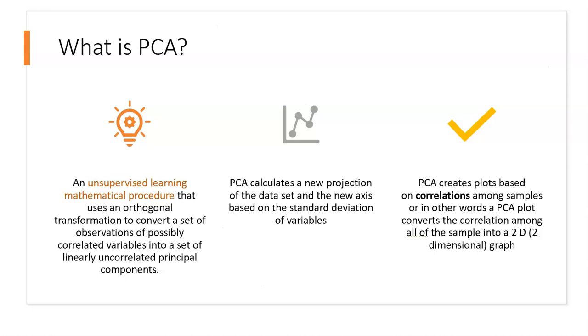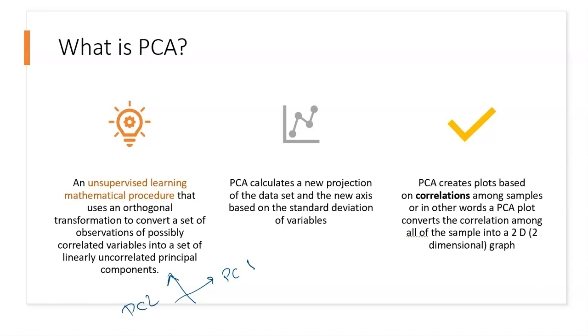What is PCA? So, PCA is an unsupervised learning mathematical procedure that uses an orthogonal transformation to convert a set of observations of possibly correlated variables into a set of linearly uncorrelated principal components. Like I said, it will find two components like PC1 and PC2.